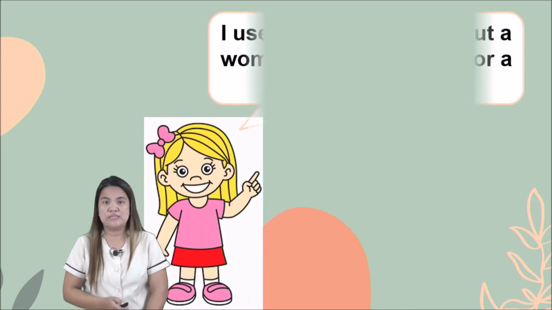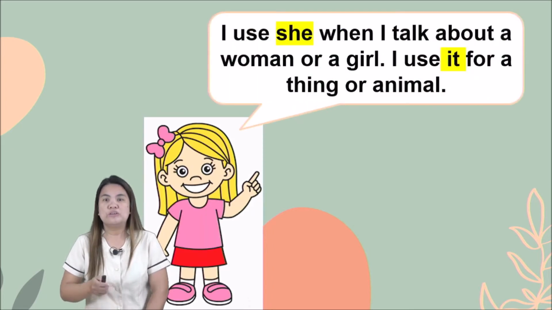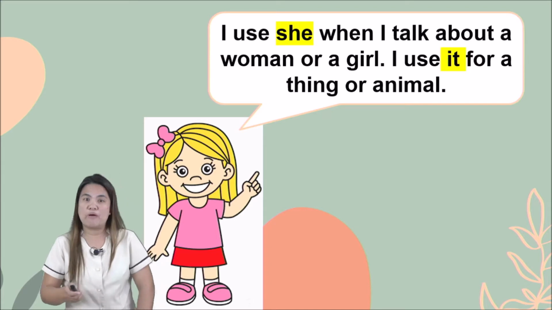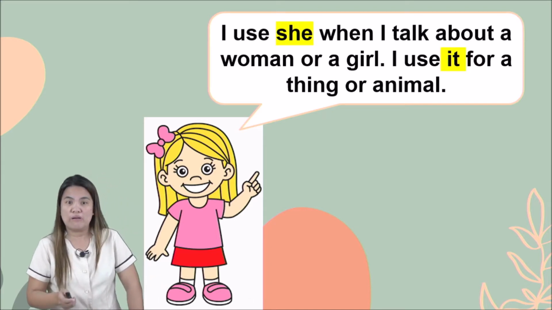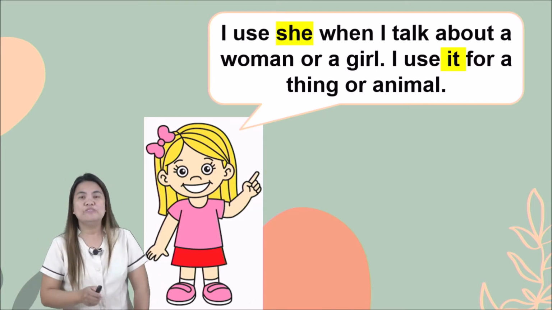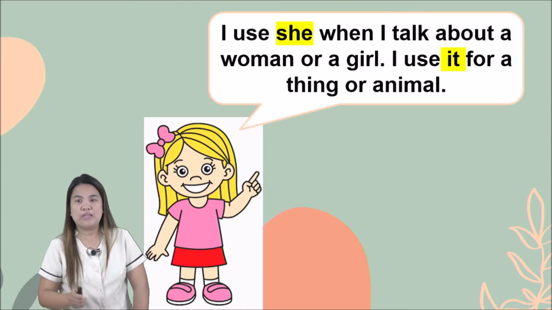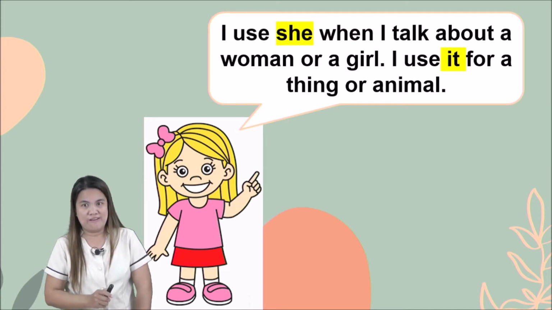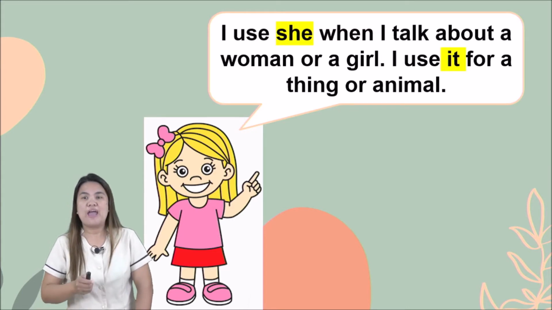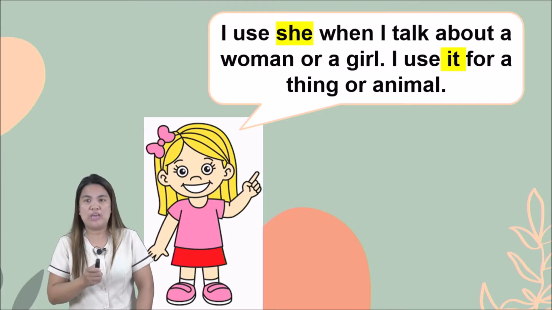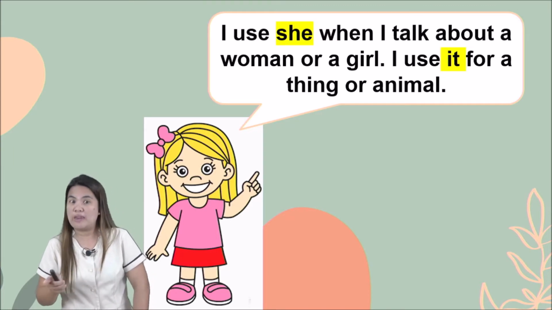Next, it says this one. I use she when I talk about a woman or a girl. Again, I use she, S-H-E, when I talk about only a woman or a girl. Okay? And I use it, I-T, for things or animals.